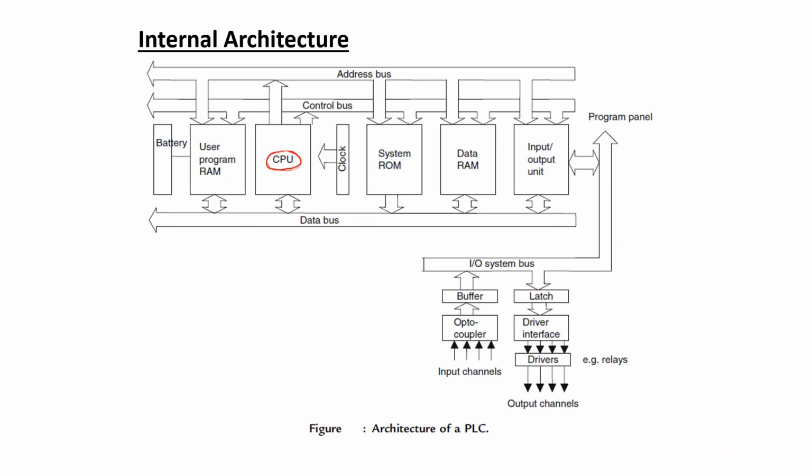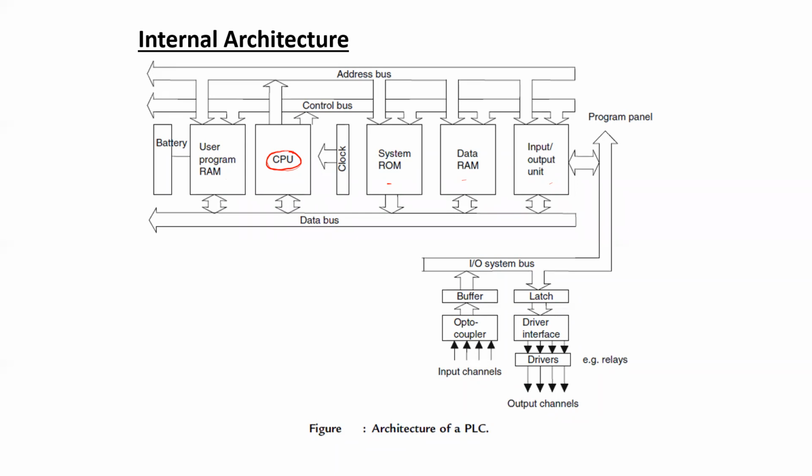This particular architecture represents the entire system of the PLC: the microprocessor in the CPU, the memory devices, the input output units, the input output devices, how they are interconnected, and how the operation normally takes place. A general idea can be obtained through the internal architecture.